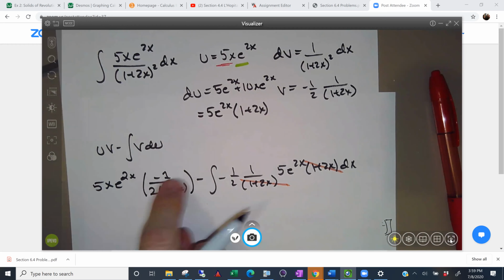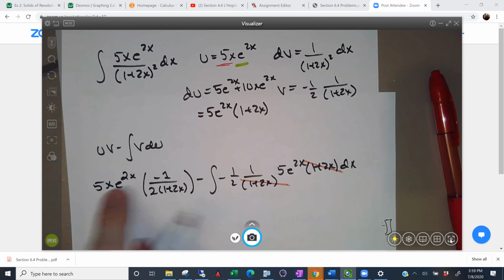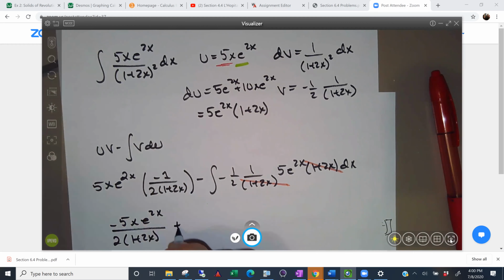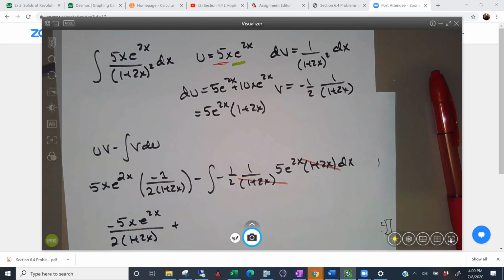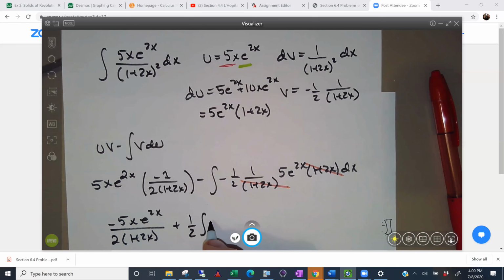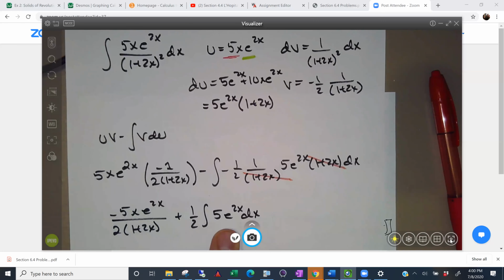Now, this, I'm going to write a little different. I'm going to put this all up in the numerator. So it's going to be minus 5x e to the 2x over 2 times 1 plus 2x plus, let's take the 1/2 out in front. Negative cancels that, made it a plus 1/2. And I'm left with the integral of 5e to the 2x dx.